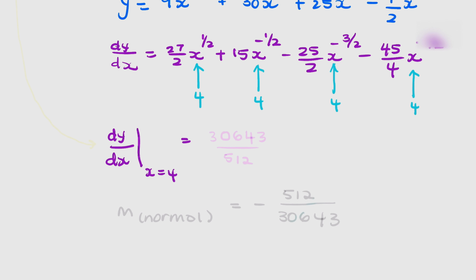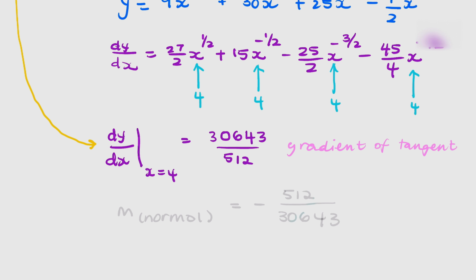So if you put that into your calculator, you end up with quite a large number. So that's the gradient of the tangent. So that is dy by dx at the point where x equals 4.